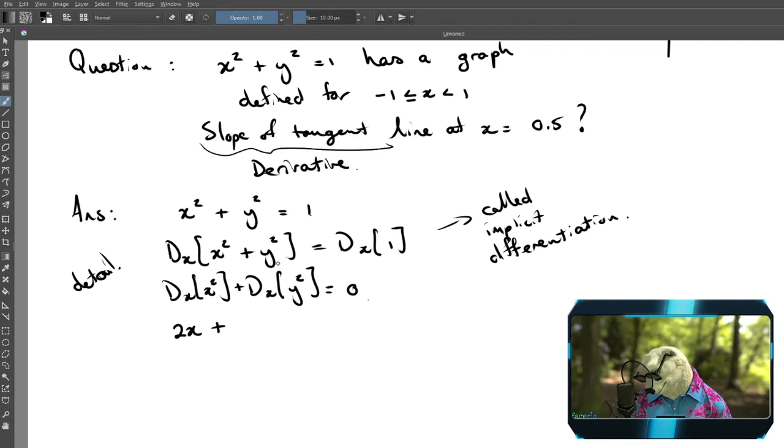However, something is different in the second term derivative that we need to figure out. Because let's just pretend we don't exactly know the graph. We don't know if we can solve for y. Maybe we can. We don't really care. This equation originally looks so nice. We're just going to work with that. And just for the sake of simplicity, I'll call y a function. Y is some sort of function in x.